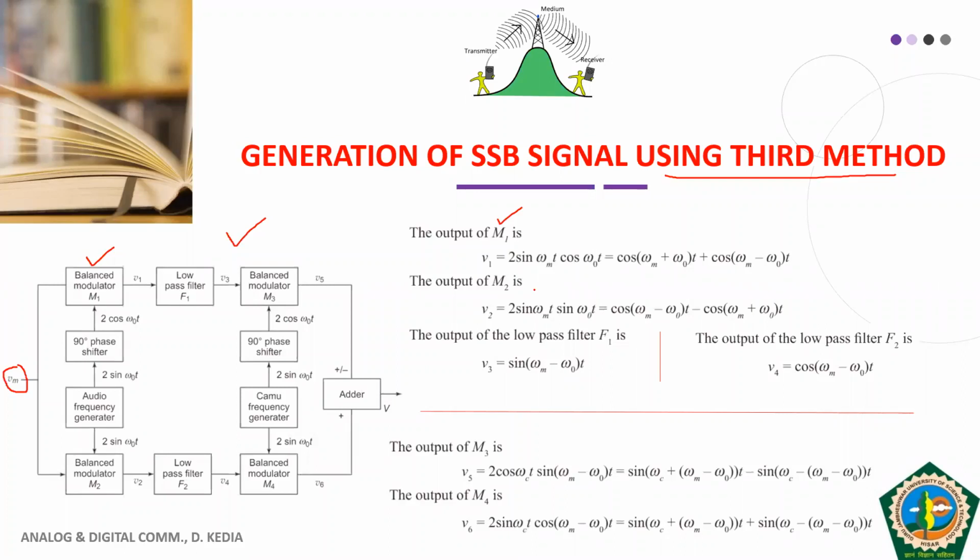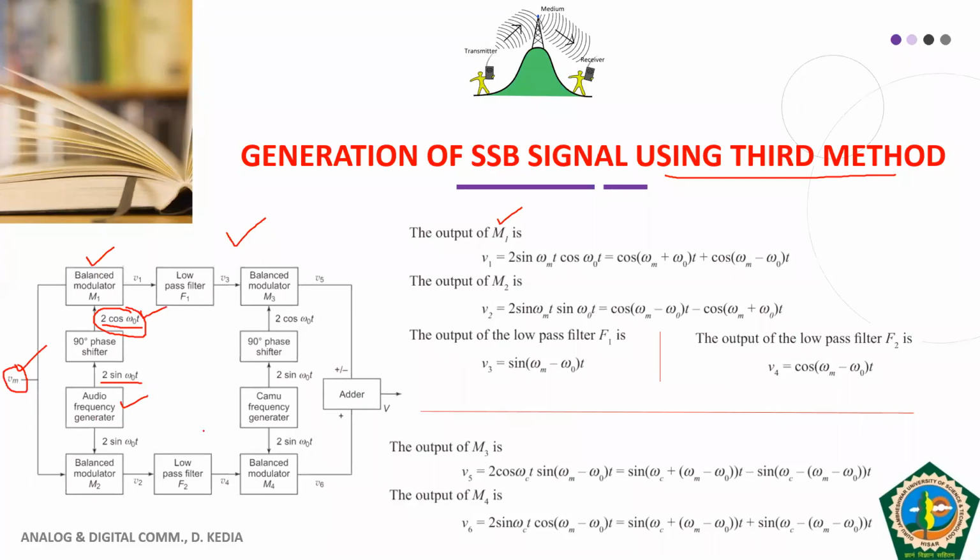Let us see how we get that. Then we have the audio frequency generator, which gives us 2 sin ω0 t, and its 90-degree phase shift gives us 2 cos ω0 t. So we get the multiplication of this and of this.